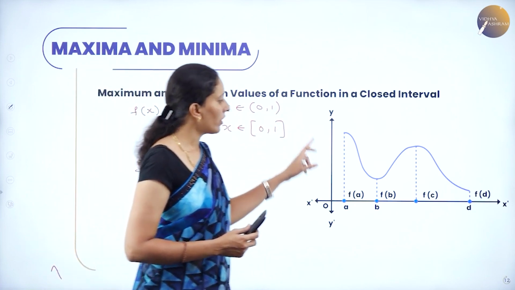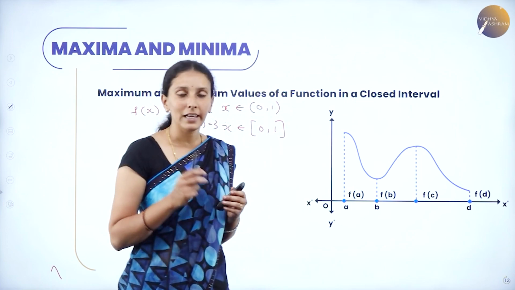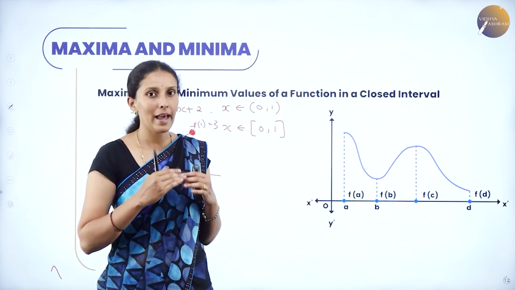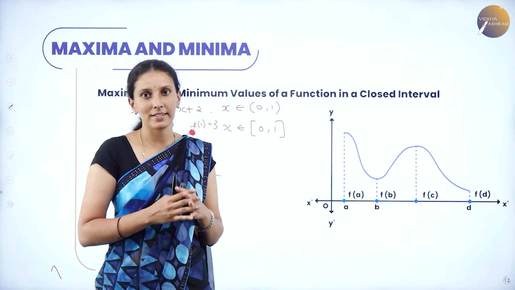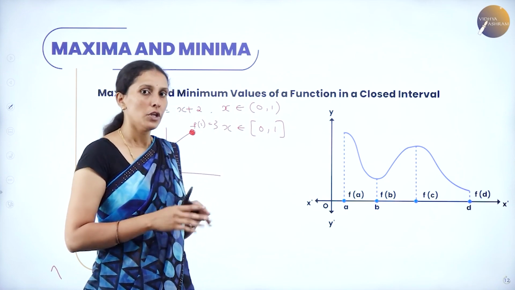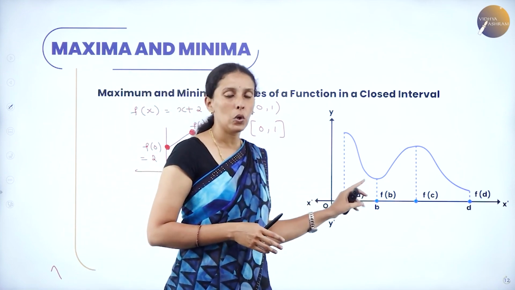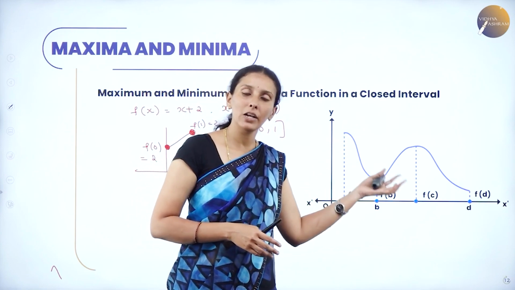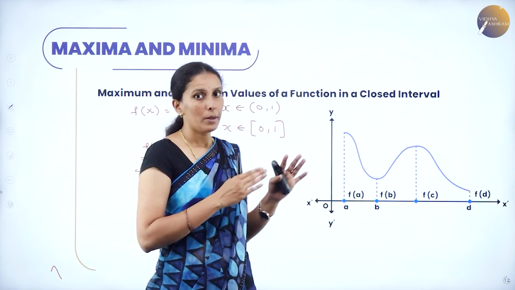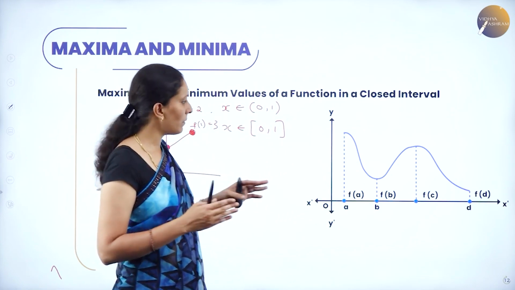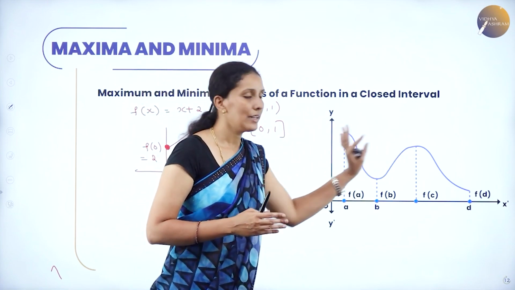Now here is one more graph I have taken. You can clearly see that a function may have many relative local maximum or local minimum values. It can have more than one local minimum and more than one local maximum, because it is continuous and there will be valleys and hills like this.